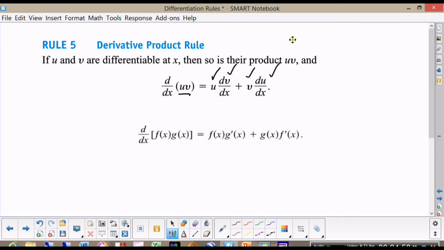In slightly different notation, the derivative of f of x times g of x is the first times the derivative of the second, which is g prime, plus the second times the derivative of the first.